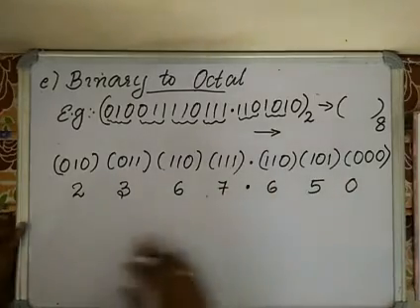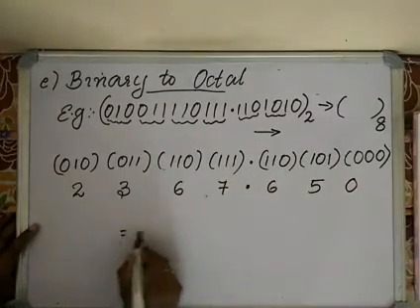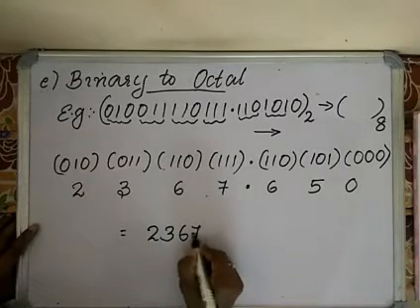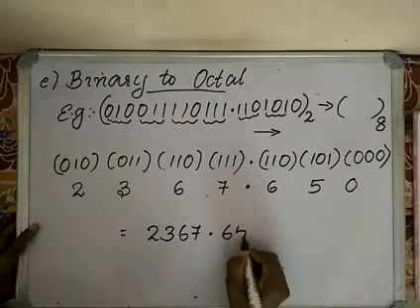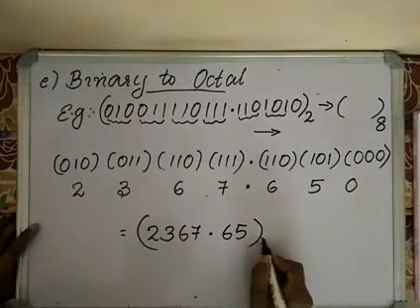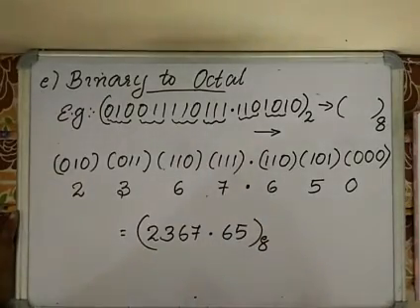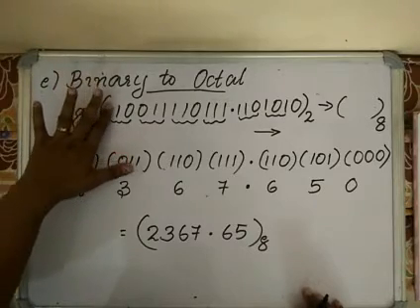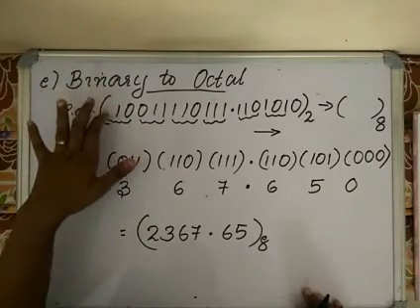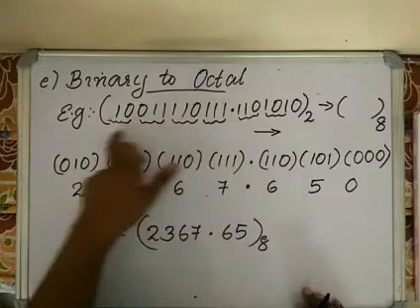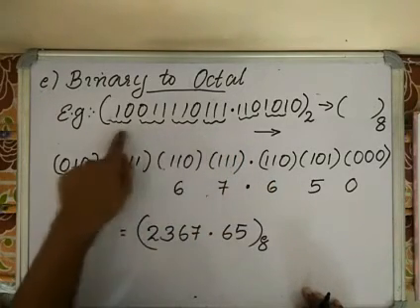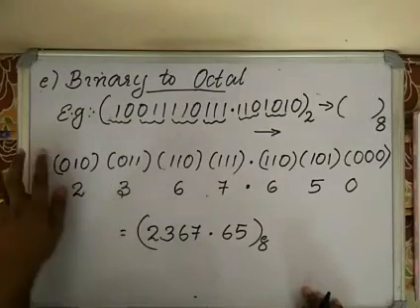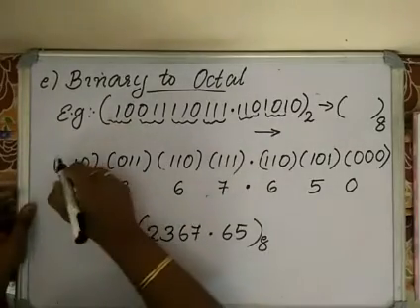So the equivalent octal number is 2367.65. Suppose there was no 0 here, meaning there are only 11 digits. When we group this, at this end we have only 0, 1. In that case we can include 0.